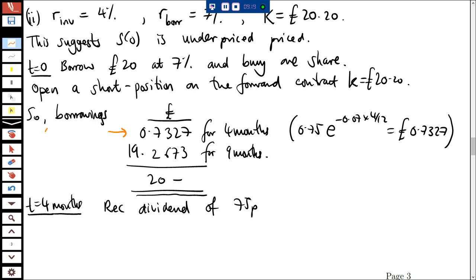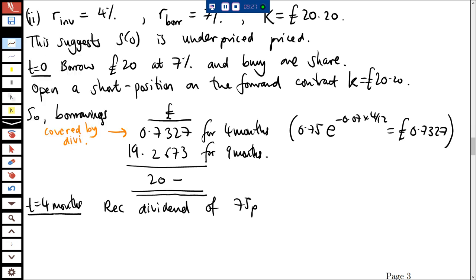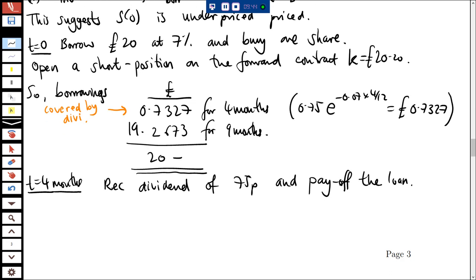This is covered by the divvy. And we pay that off. And so dividend received 75p, and pay off the loan. Okay, and that deals with the actions at 4 months.